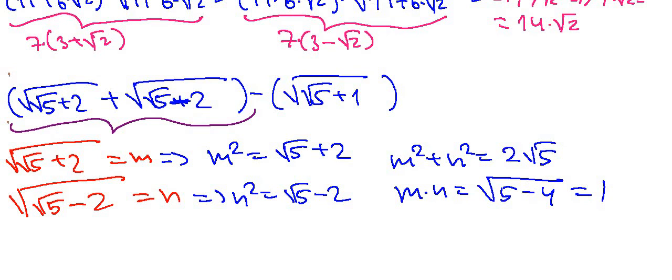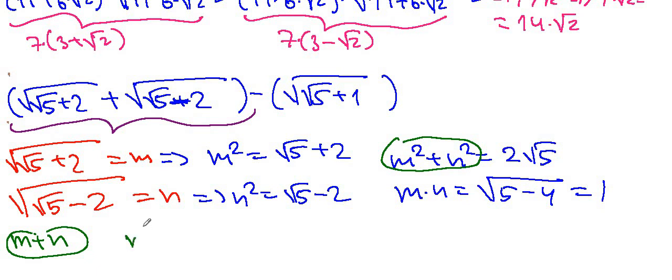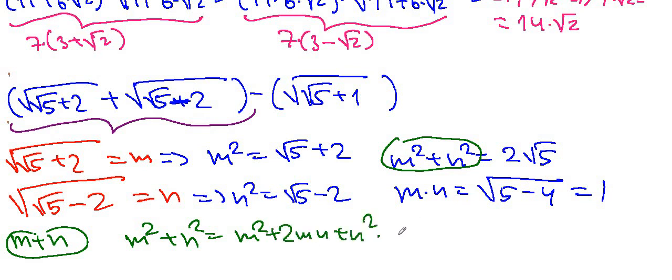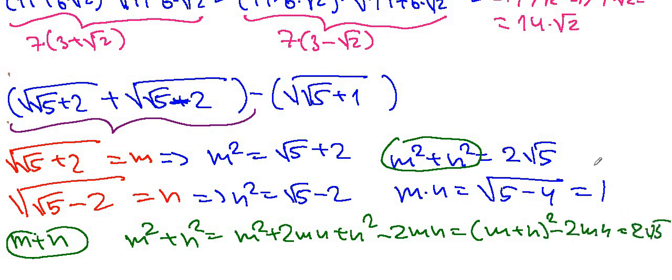So our main goal, as you can see, is to calculate m plus n, right? So if you express m squared plus n squared as m squared plus 2mn plus n squared, and I have to subtract 2mn, this one is equal to (m plus n) squared minus 2mn, and this is equal to 2 times square root of 5, right?